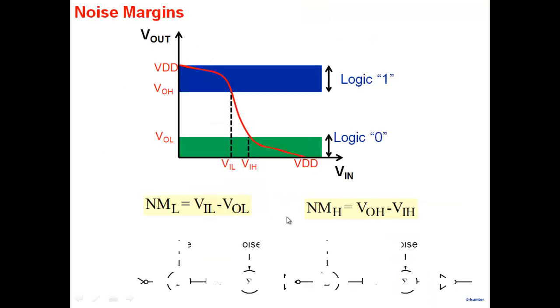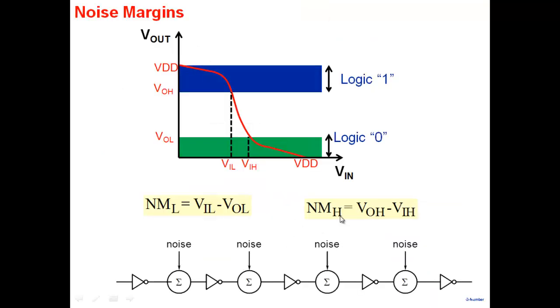You can see here, let's add noise everywhere. I add noise NML here, NMH here, NML here. Let's say this is VOL. You can see this becomes VIL. This becomes VOH. Add the noise here, this becomes VIH. You can see it works fine.